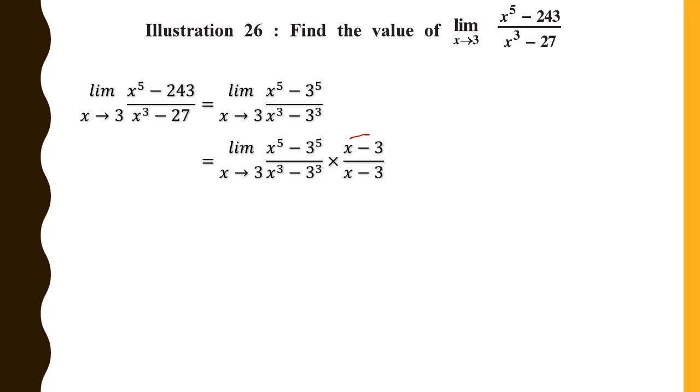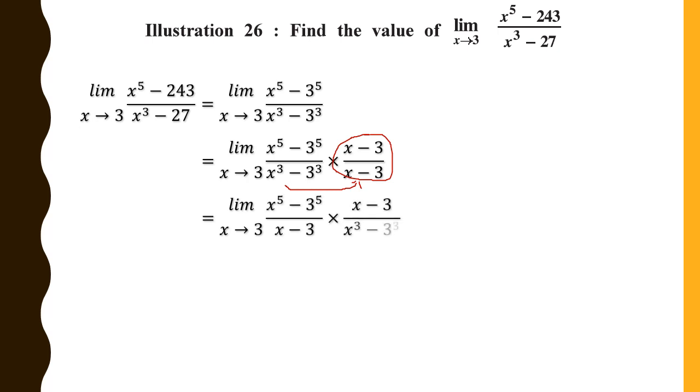This (x minus 3) upon (x minus 3) is an additional value which I have added in this equation. Next I am going to replace this x cube minus 3 cube with x minus 3. That way I will get something like this: (x raised to 5 minus 3 raised to 5) upon (x minus 3).